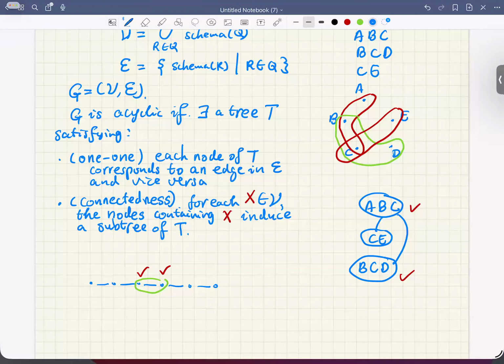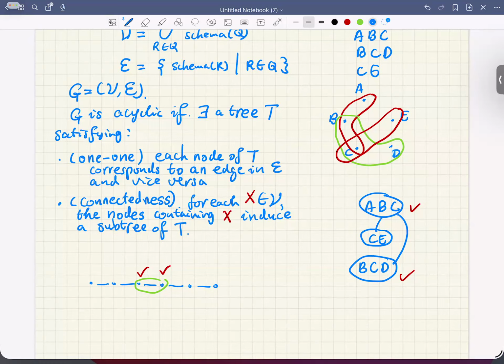Because you can see no cycles there. And this time, this tree satisfies both conditions, as you can see. And therefore, this graph is an acyclic hypergraph. Okay, acyclic.